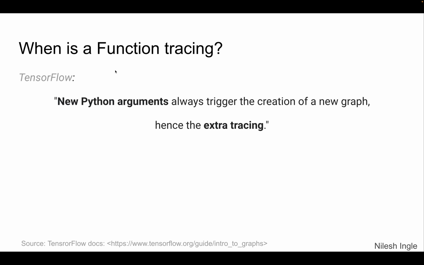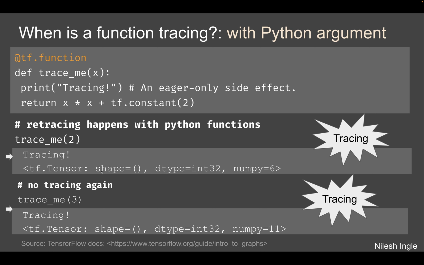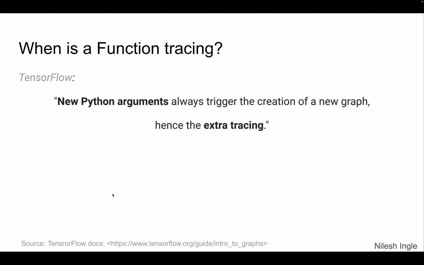Now, as we saw earlier, when a function is tracing, new Python arguments always trigger the creation of a new graph, hence extra tracing. So as we saw here, these are Python arguments as an input, and these are not TensorFlow arguments as an input.